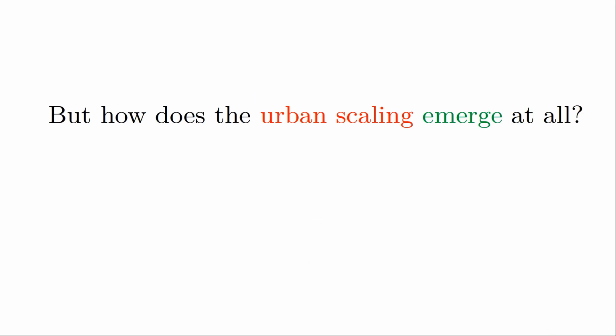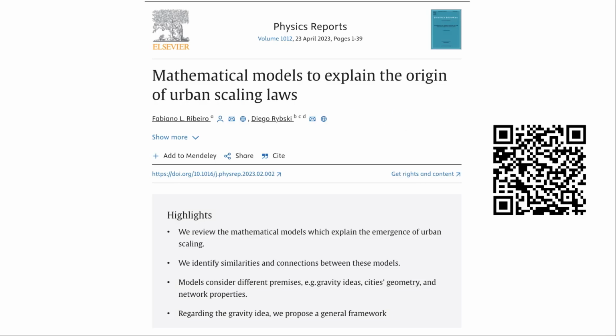But how does this urban scaling emerge at all? To try to answer this question, my friend Diego and I tried to organize all the models that we have in the literature, all the models that have some kind of mathematical approach, some kind of quantitative approach, in order to explain urban scaling as an emergent phenomenon, right?